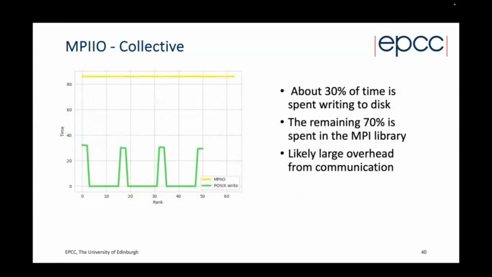So we can see how much time per rank is spent in MPI-IO POSIX operations. We can see only 3 per node are actually writing to the disk. Overall, about 30% of the time is spent actually writing to the disk, and the remaining 70% is something else, likely communication.